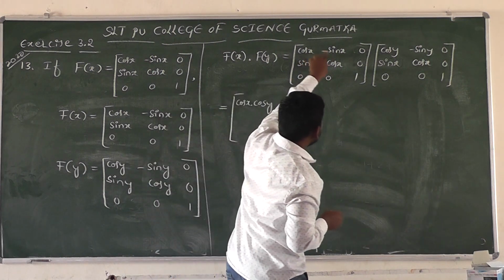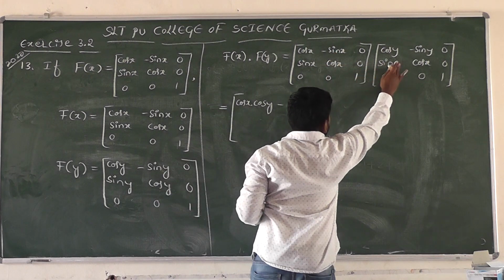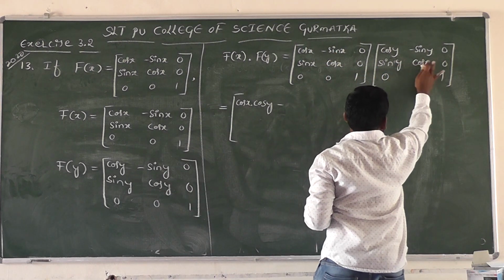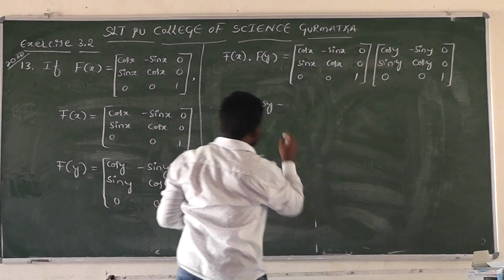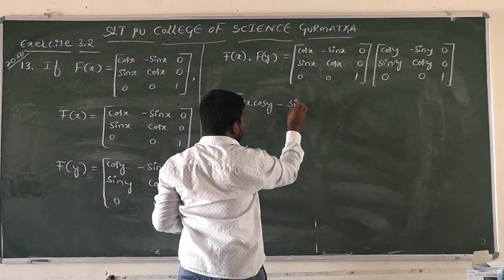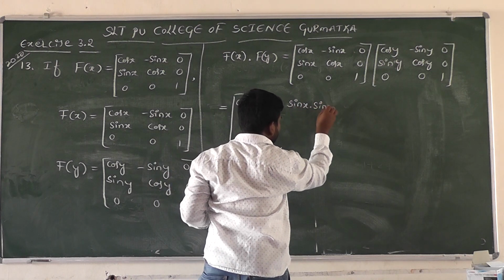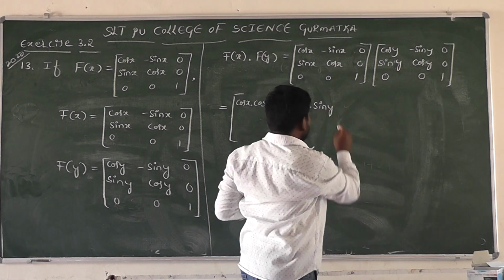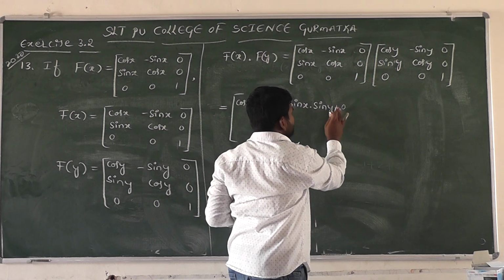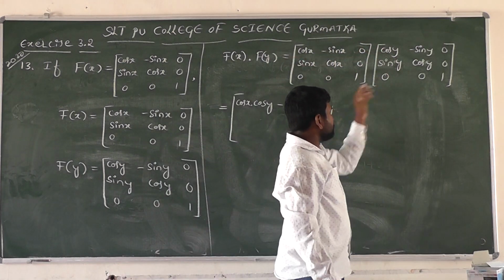Next, minus sin x into sin y. Next, plus 0, not necessary. It's over. First row, first column is over.